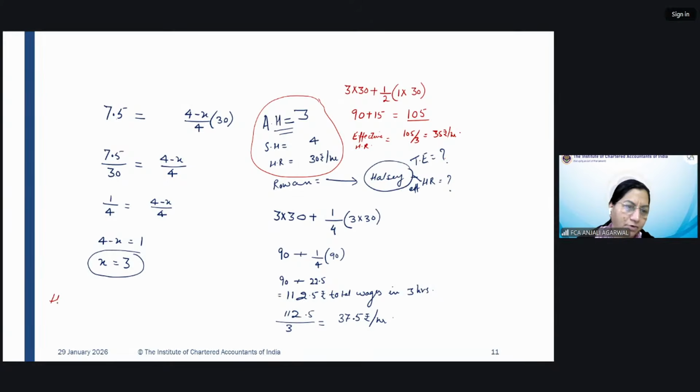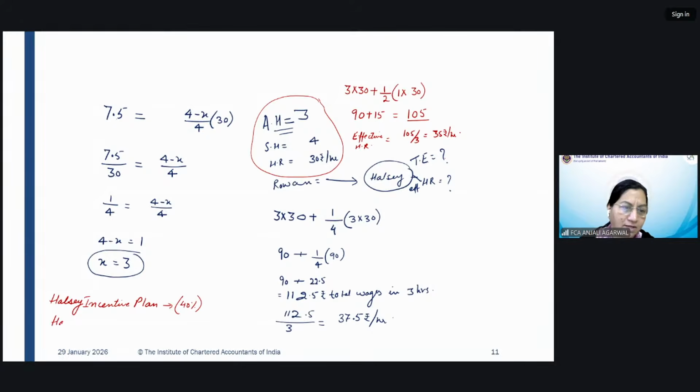All right, team, one more important information before I proceed. If you get a question on Halsey incentive plan, it is possible that it must be given 50%, but if a specific percentage is allotted, Halsey incentive plan with 40%, then you will apply not 1/2, but 40% of 30.